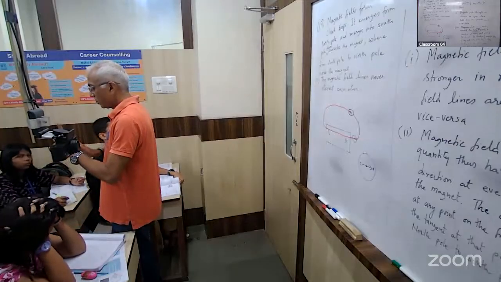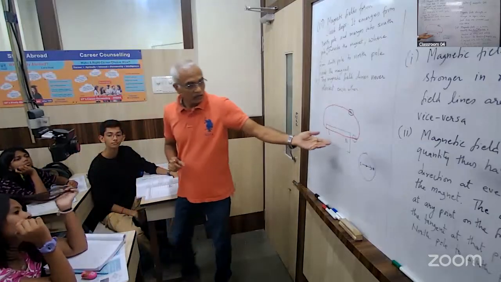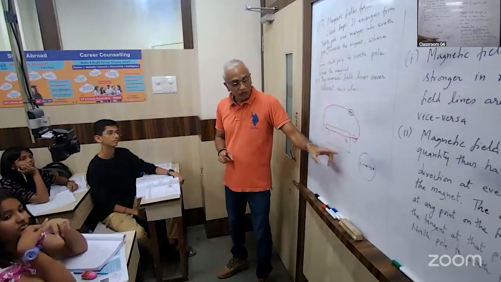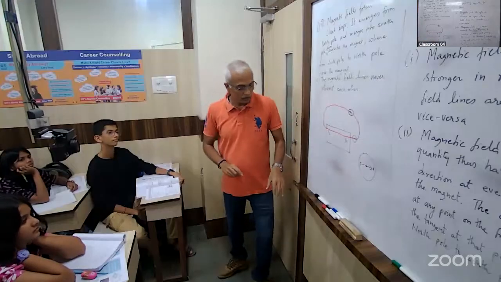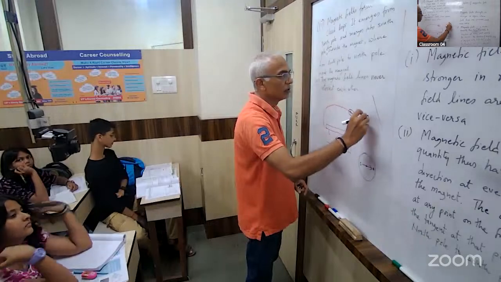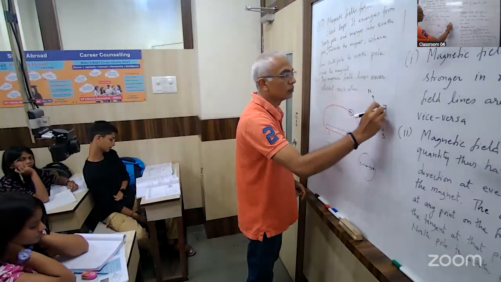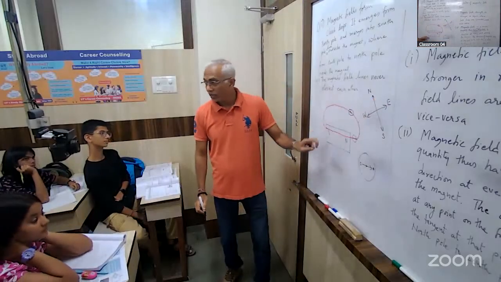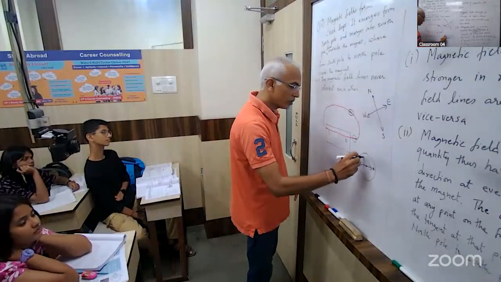So when current flows, it produces a stronger magnetic field. Likewise, when the compass is kept near a magnet, then this direction changes. Otherwise, if you take the magnet away, it will point in north-south. Let us say this is Earth's north-south, east-west. So if this magnet was not kept near the compass, it will point in this direction.